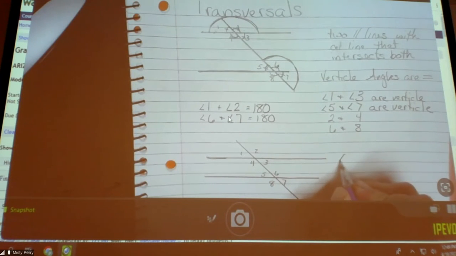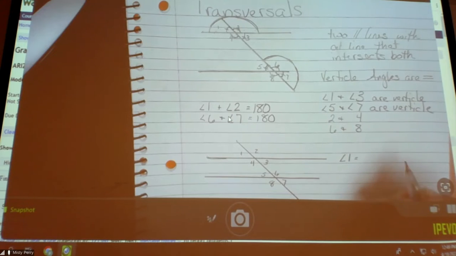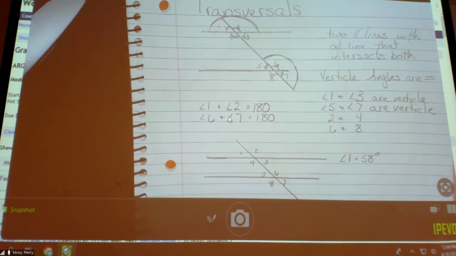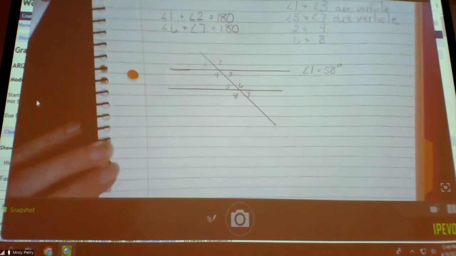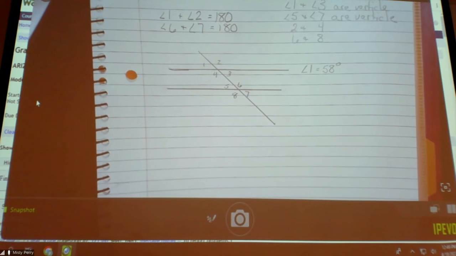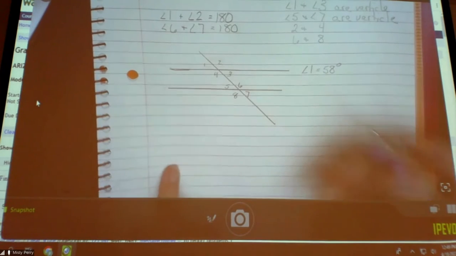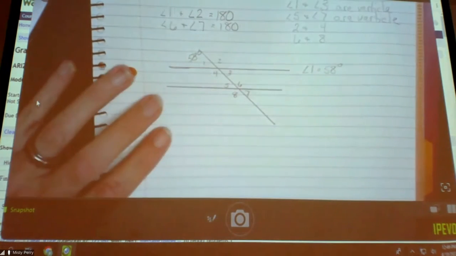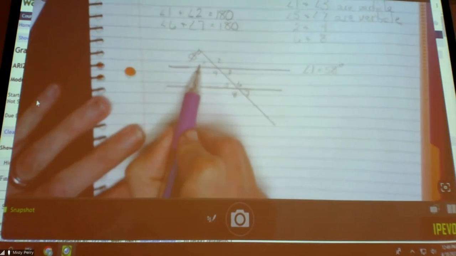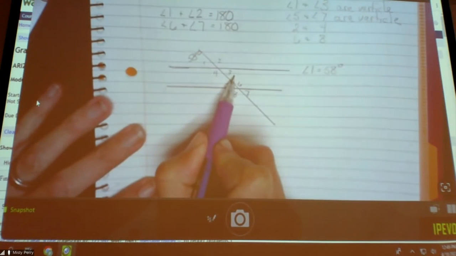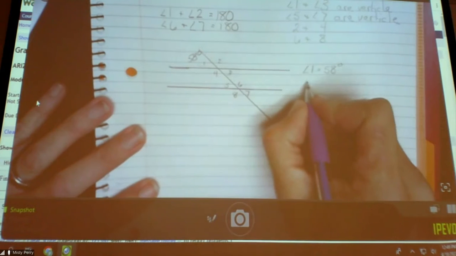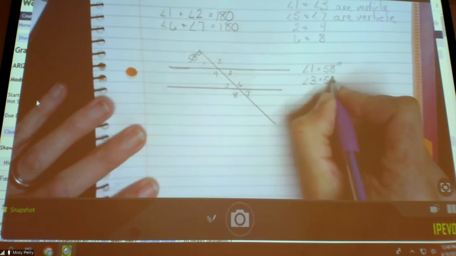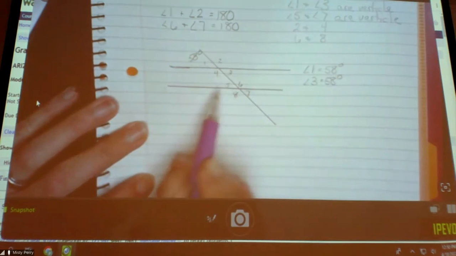If I say angle 1 equals 58 degrees, and I want to know what all of the angles are. Tells me this is 58 degrees. So I know that 1 and 3 are 58. Okay.